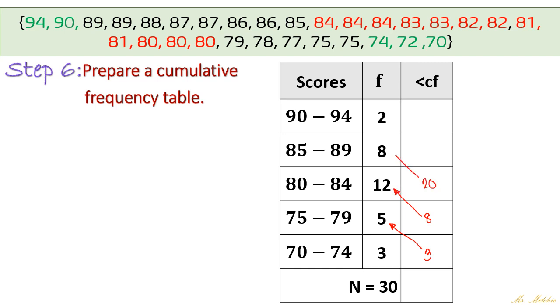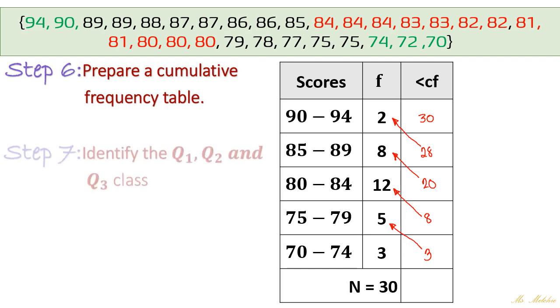Next is 20 plus 8, we would have 28. And lastly, 28 plus 2 is 30. As you can see, our highest cumulative frequency here is 30, and this is the same as the total number of scores or data that we have, or the value of n, which is 30. That means you gathered correct data here in the table.